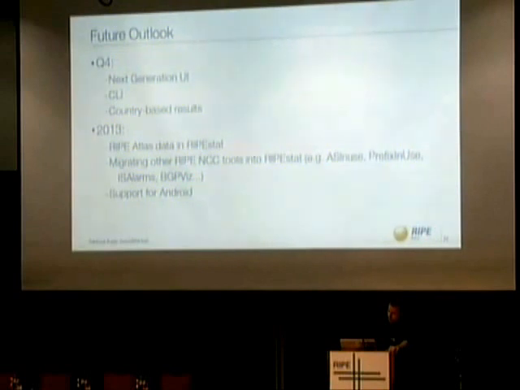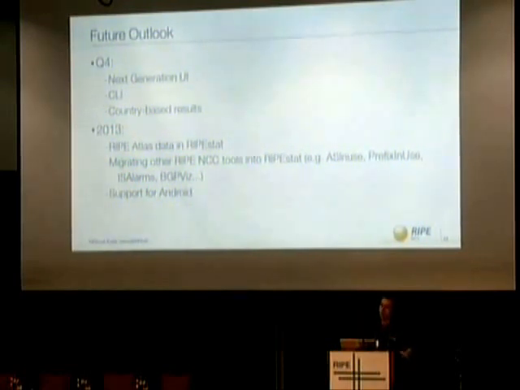For the next few months, we will work on the next generation UI, what I presented before. Another thing that we are working on will be a command line interface. We would also like to have some feedback from you if you would like to have something that could be used as a command line interface and which lets you interact with the data API.